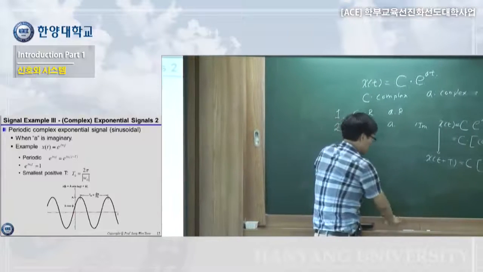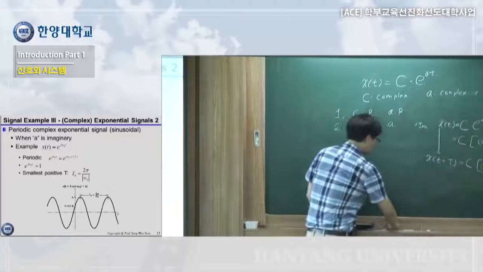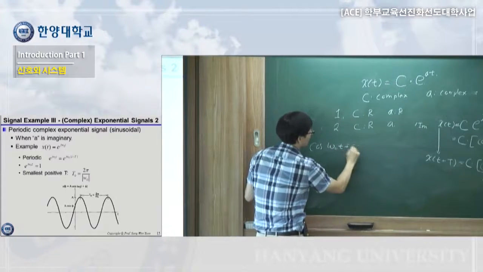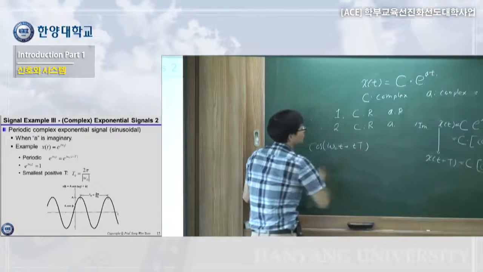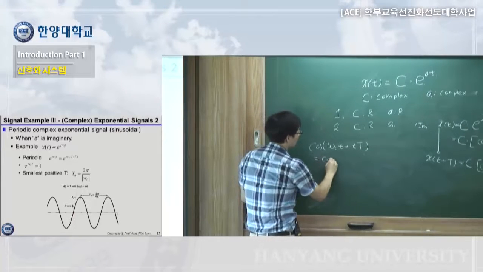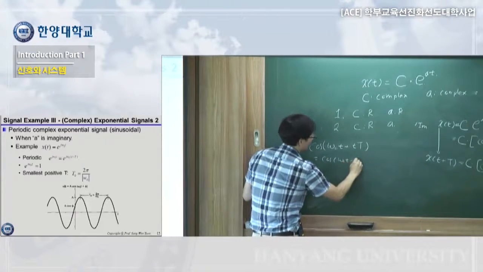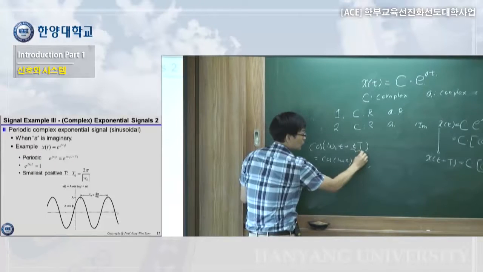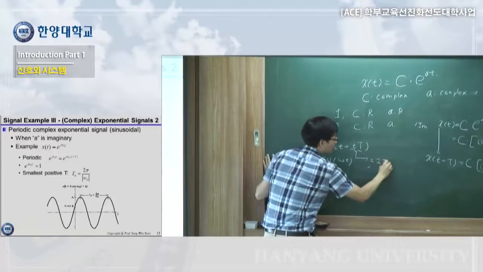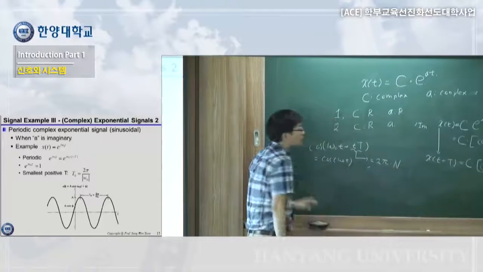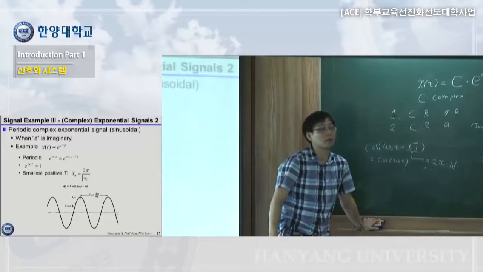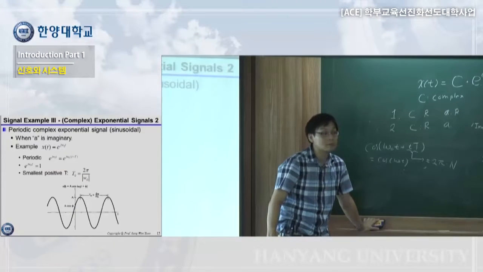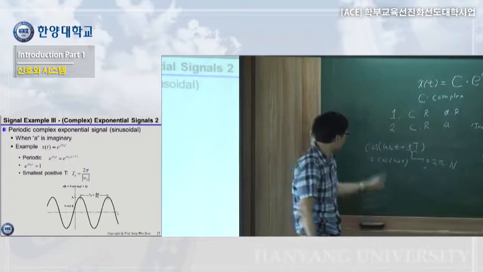To be the same, let's pick cosine ω0(t+T). To make them the same, ω0T should be an integer number of 2π. Is it right? Okay.